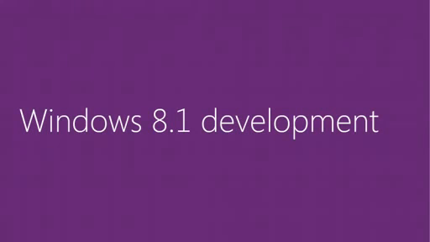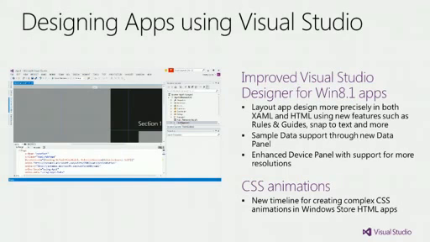With regards to Windows 8.1 development, we've done some great new enhancements to the tooling here, and you'll see that the layout application design has been improved for both XAML and HTML apps. So you've got guidelines mapped to that, nice-to-use features that enable you to use the designers a little bit easier than previously.